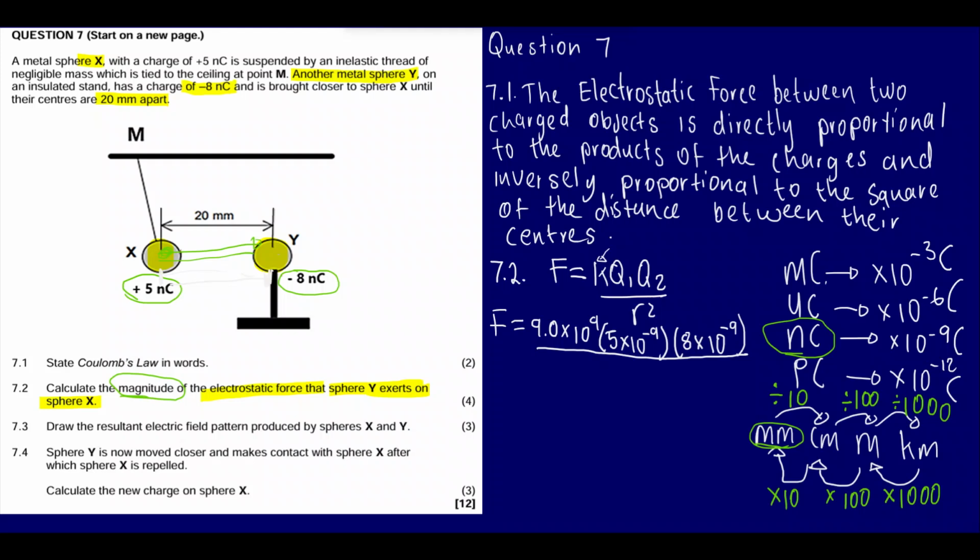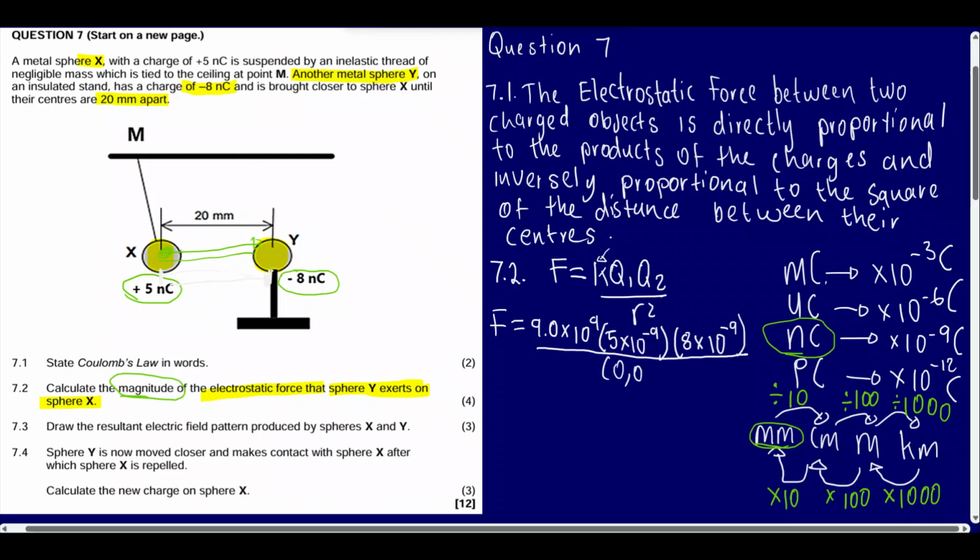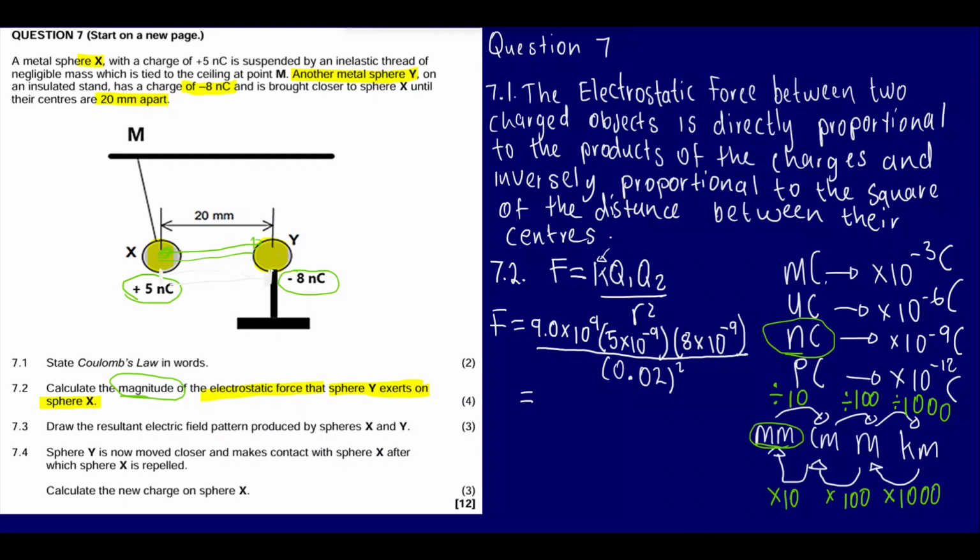It's going to be 20 divided by 1,000, and I think you will get that the answer is 0.02, right? Just wanted to make sure there. So that is 0.02 squared, right? So let's calculate the force here, the magnitude of the force.